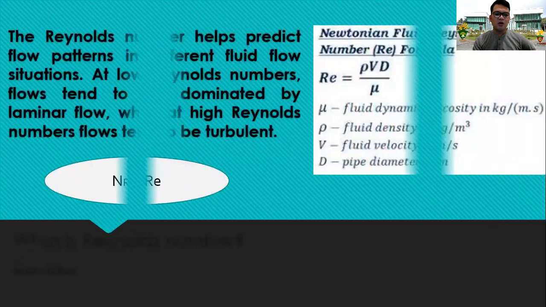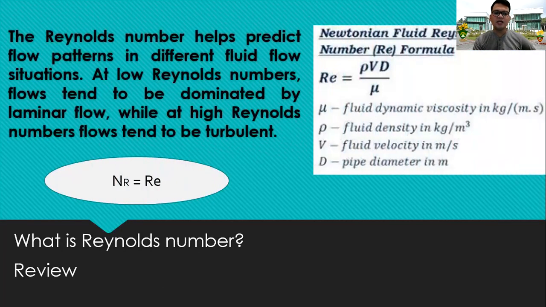By the way, what is the Reynolds number? In our fluid mechanics, the Reynolds number is a number which helps us to predict the flow patterns in different fluid flow situations. So for example, if the Reynolds number of this particular fluid flow is equal to this, then we can say that this is laminar, just as a basic flow.